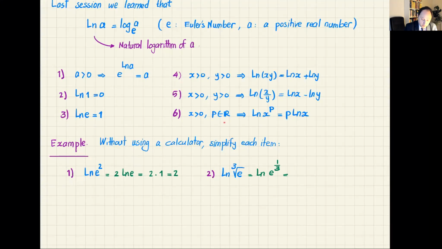According to this rule again, this 1/3 goes in front of the ln, so this becomes 1/3 ln of e, and ln of e is again 1, so it becomes 1/3 times 1, which is 1/3.